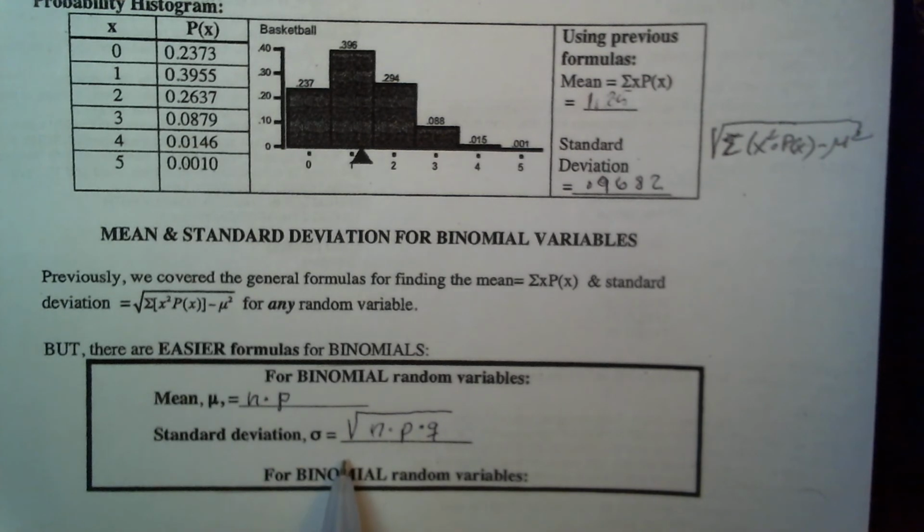And the standard deviation is the square root of n times p times q, where q is the probability of failure. So that applies for binomial random variables.